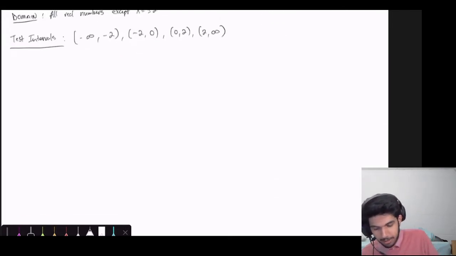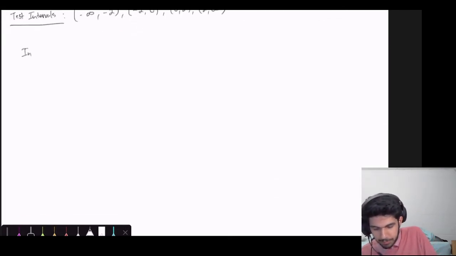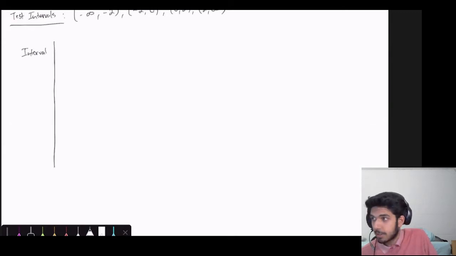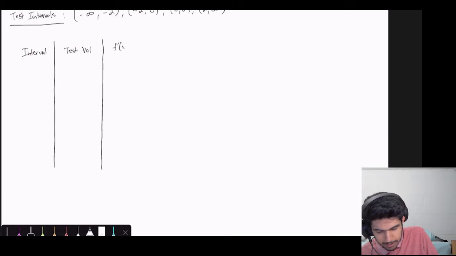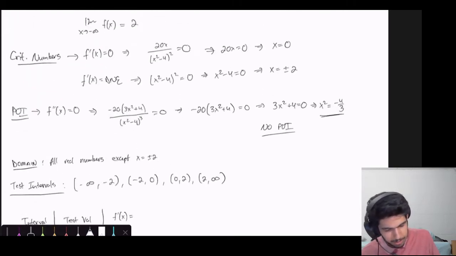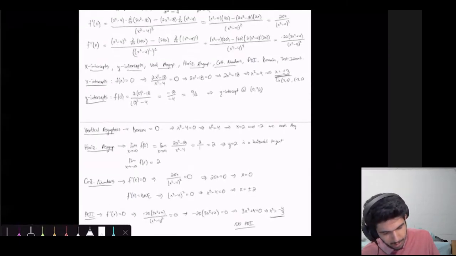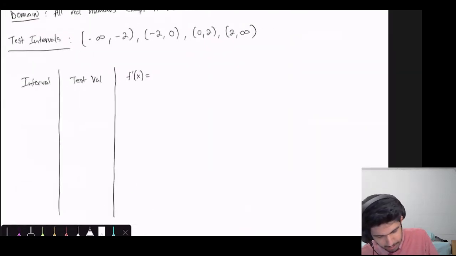So here I like to make a table. First, we'll look at the interval. Then we'll take a test value. Then we'll compute f prime of x, which is equal to 20x over x squared minus 4, squared.